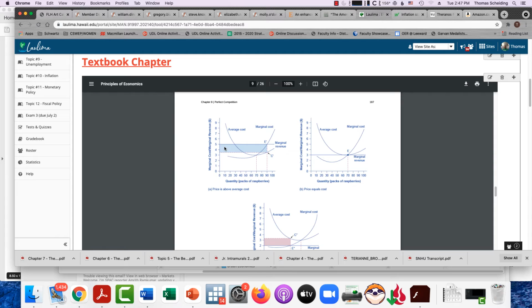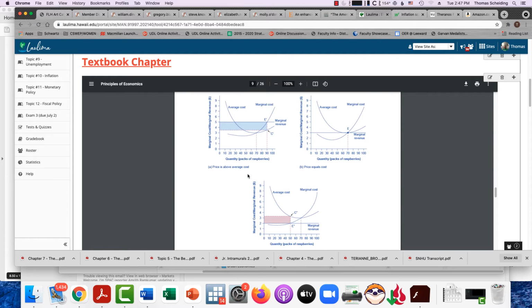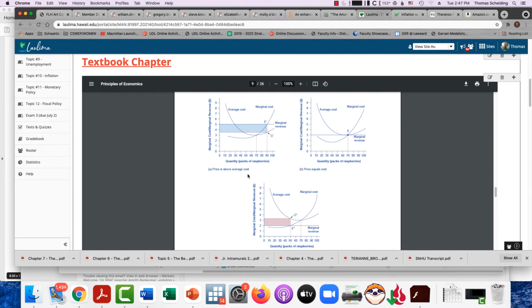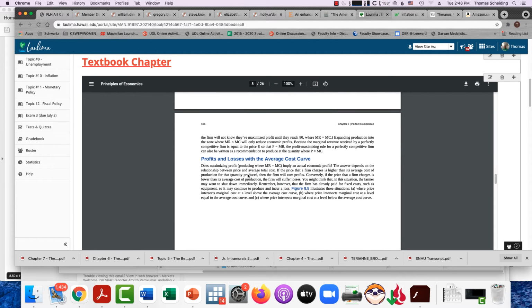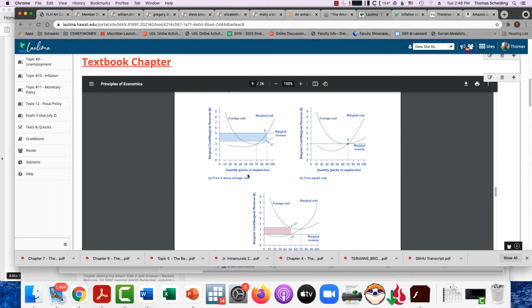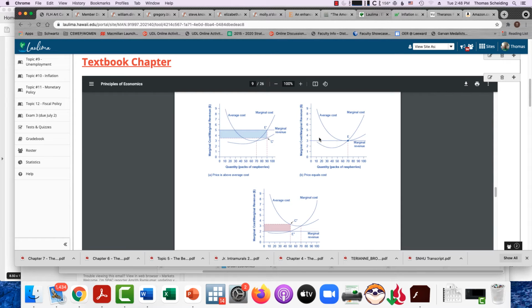And then the individual firm knows, okay, I don't know why they're saying $4? Here they're saying $3. Anyway, let's just say that was $3. The point is that the marginal revenue, how much revenue the firm takes in by selling an additional package of raspberries, is going to be $3. So it's always the same.